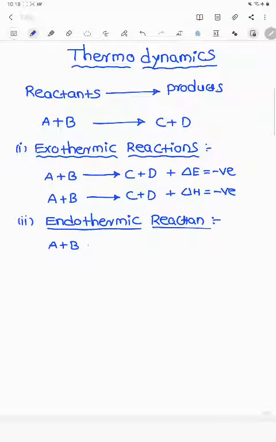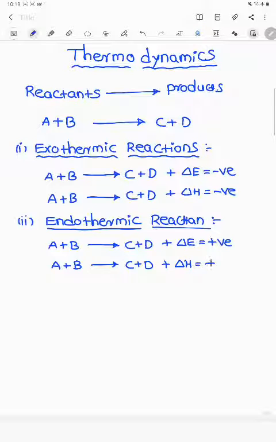Reactants are converted into products with the absorption of heat, is called an endothermic reaction. For all endothermic reactions, delta E or delta H is always positive. Here A to C plus D, delta H is positive. These are about the exothermic and endothermic reactions.